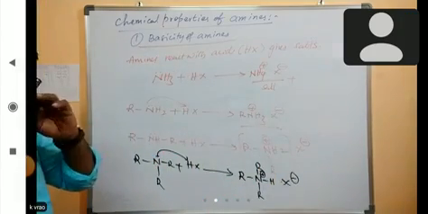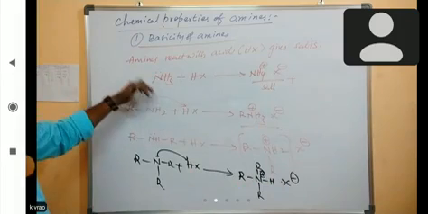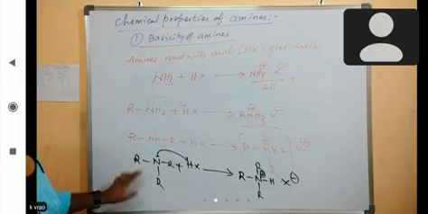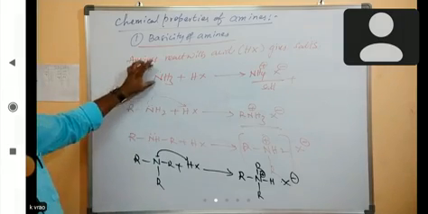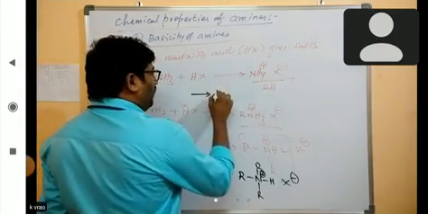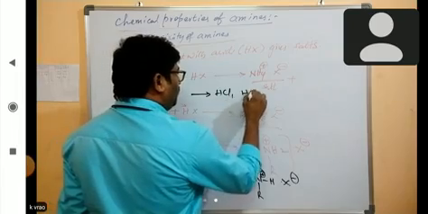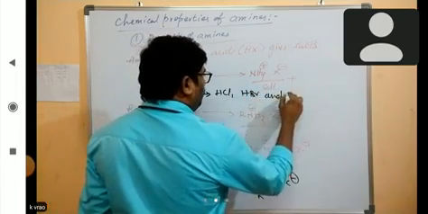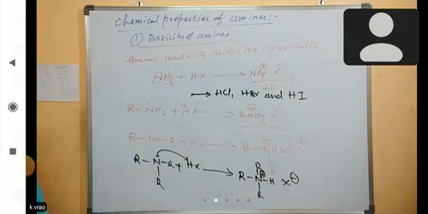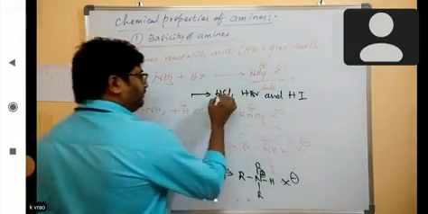So these are the basicity reactions for ammonia, primary amines, secondary amines and tertiary amines. HX can be any acid, like HCl, HBr and HI.